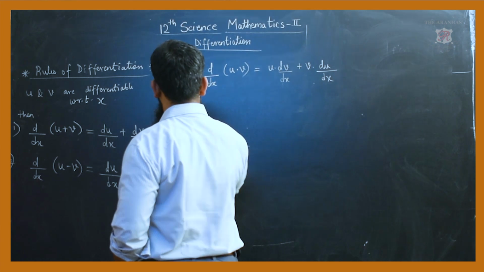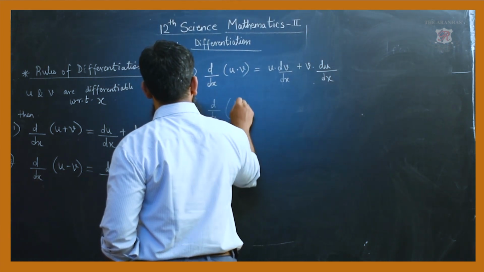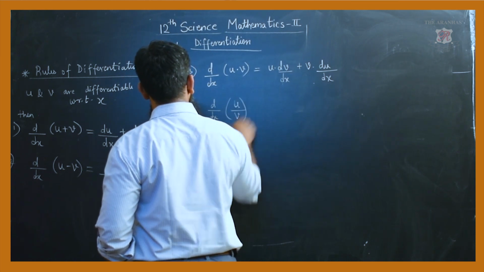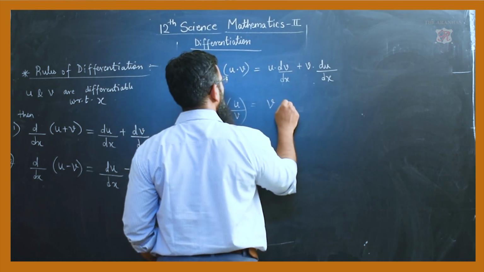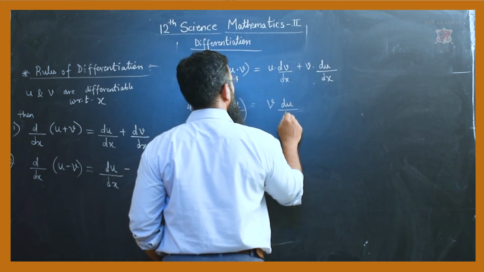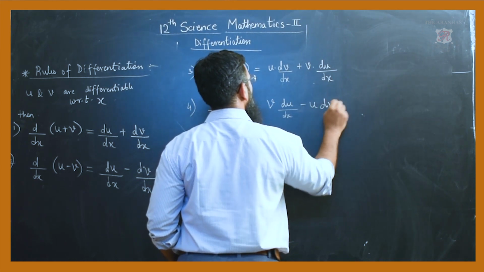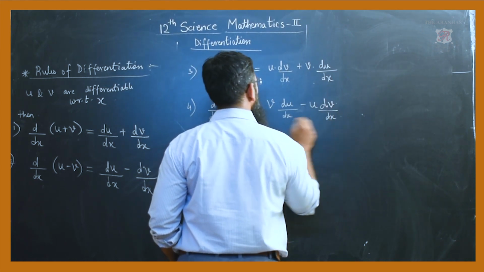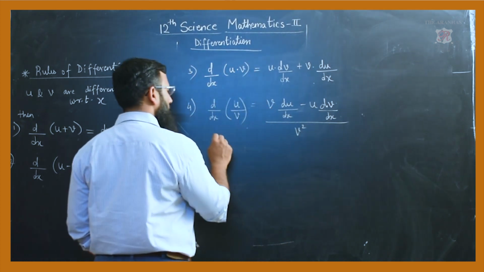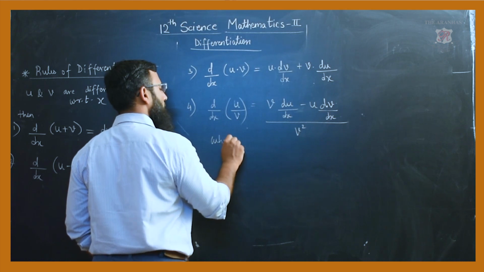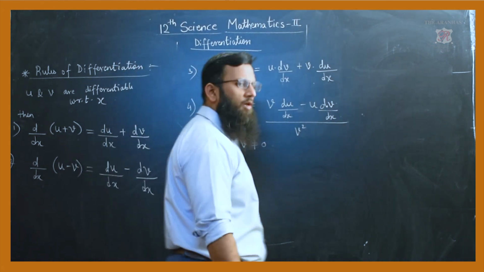And then comes the quotient rule, or they call it as u upon v rule. This is given by v du by dx minus u dv by dx upon v square, where v square should not be equal to 0.